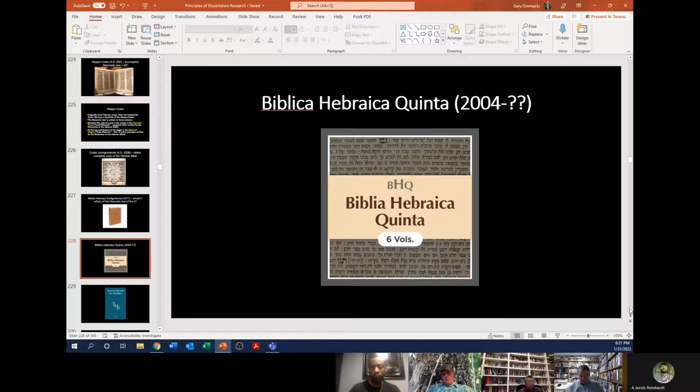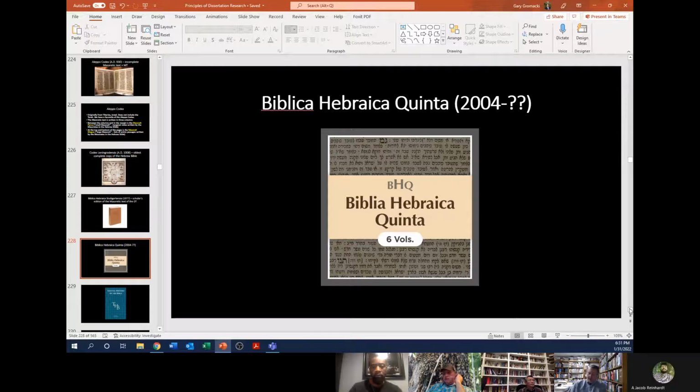So Biblia Hebraica Quinta. There are some new works being done by scholars on the Hebrew Bible, one of which is the Biblia Hebraica Quinta. There's another one called the Hebrew University Bible, and the Oxford Hebrew Bible.